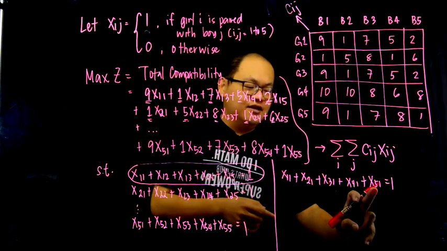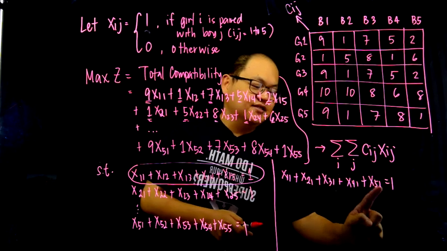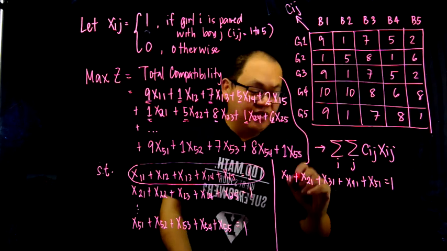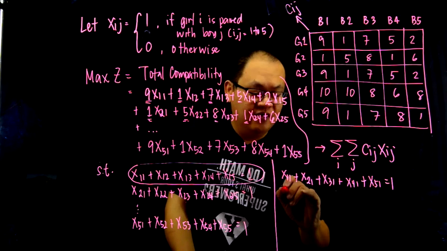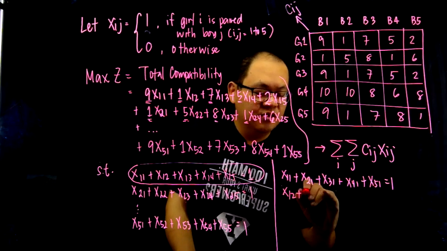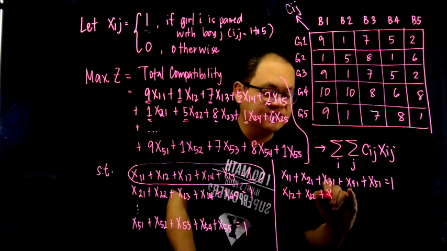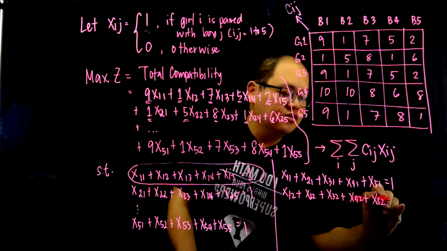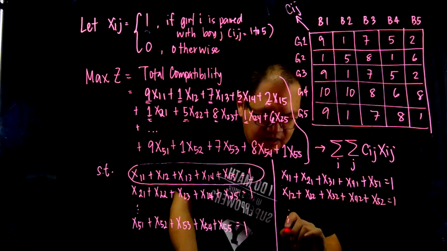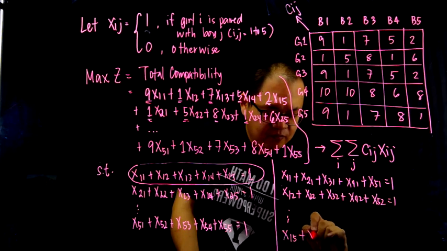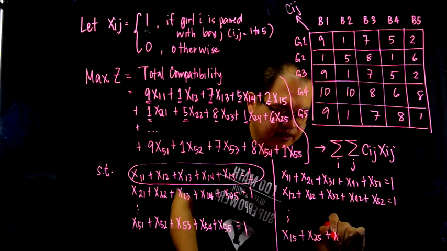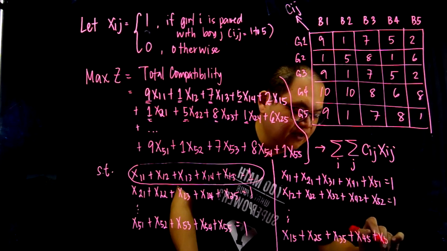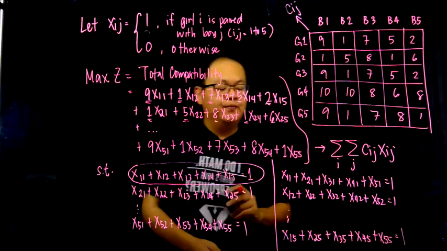And what you're saying here is only one of the switches can be turned on. So writing the constraint for all the other boys, we have x12 plus x22 plus x32 plus x42 plus x52 equals 1, until x15 plus x25 plus x35 plus x45 plus x55 equals 1.